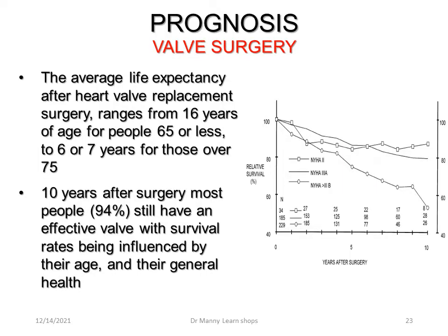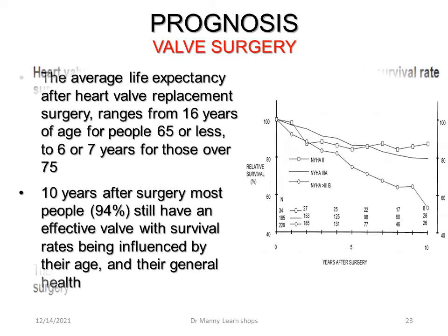The prognosis after valve surgery, however, isn't too bad. The average life expectancy after heart valve replacement surgery ranges from 16 years for people 65 or less to less than 10 years, 6 or 7, for those over the age of 75, which the statistics aren't too bad. 10 years after surgery, most people, 94%, still have an effective valve, survival rates being influenced only by their age and their general health.